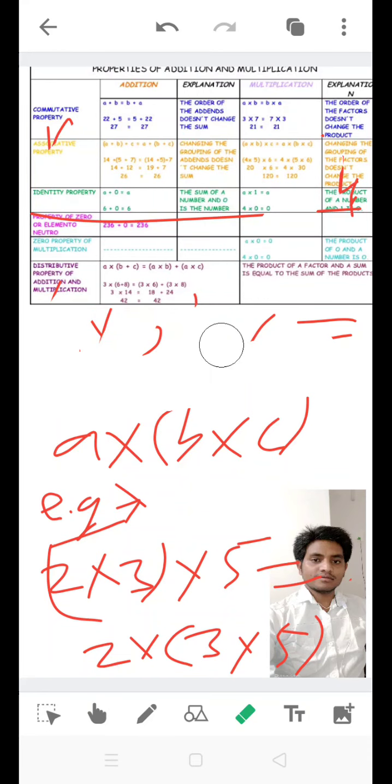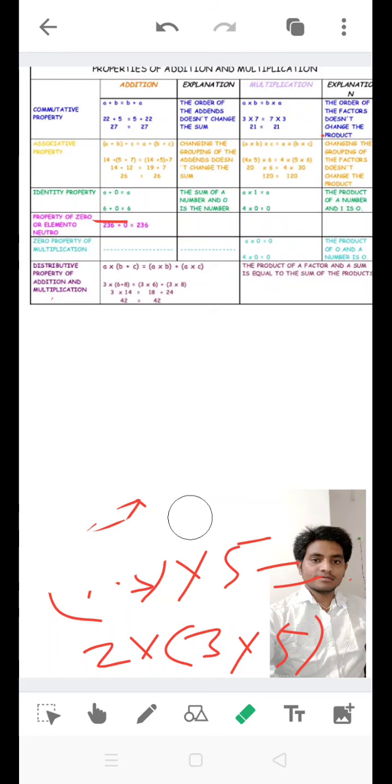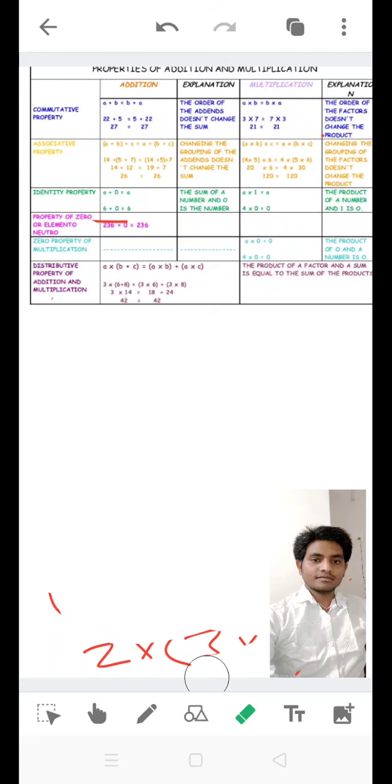Next one is multiplicative identity. What is the multiplicative identity?